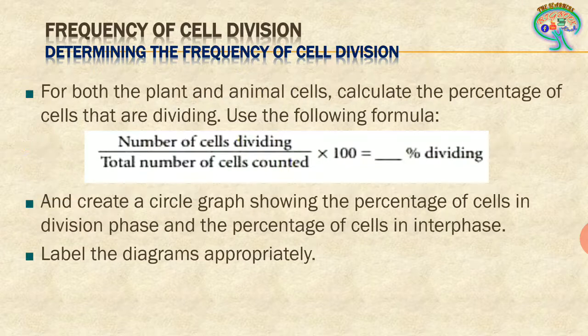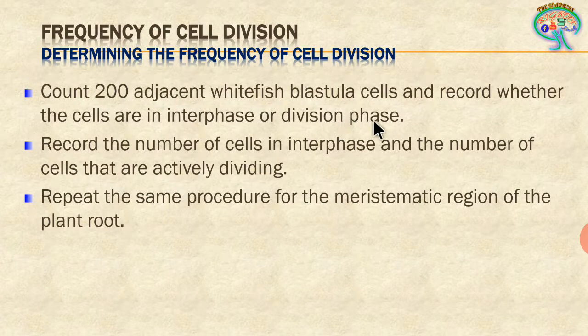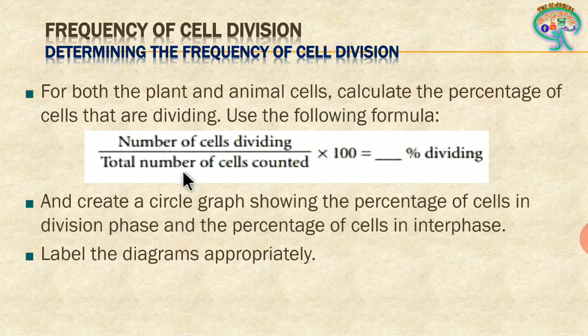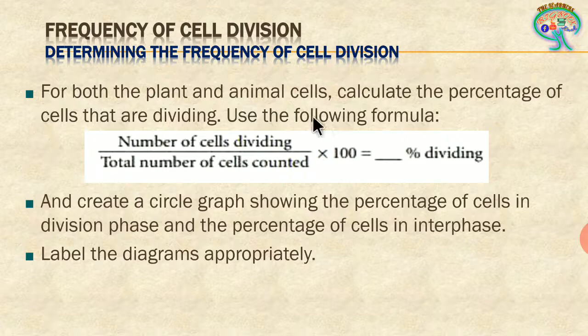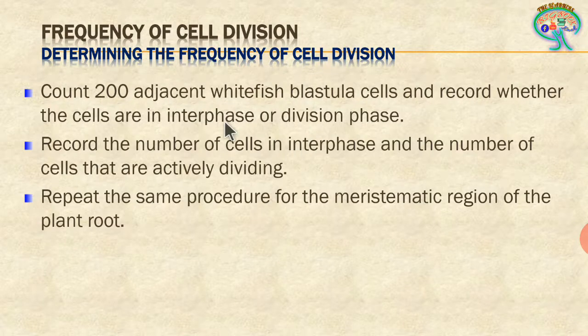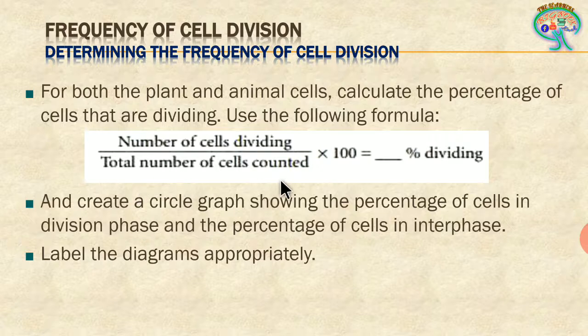Here you are going to make the calculation: the number of cells dividing, that is, the cells in the division phase, divided by the total number of cells counted. We do the division of these two, and multiply it by 100.